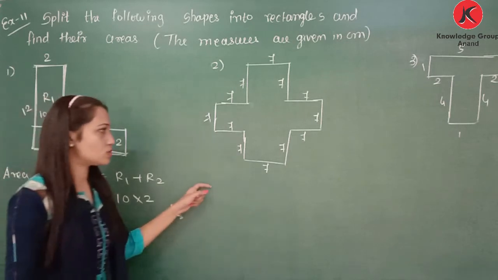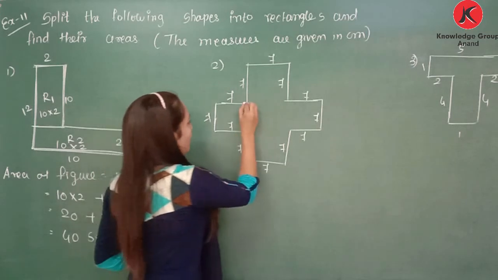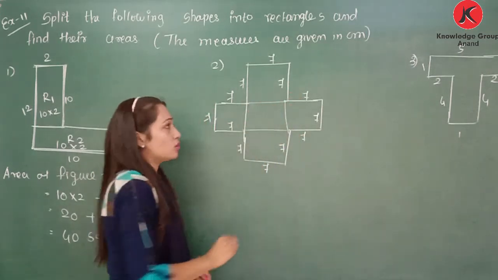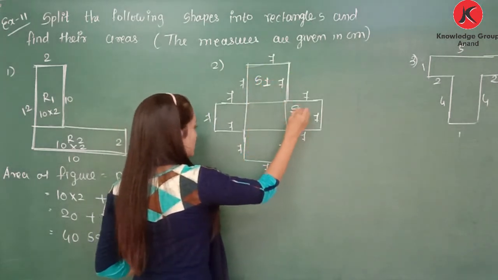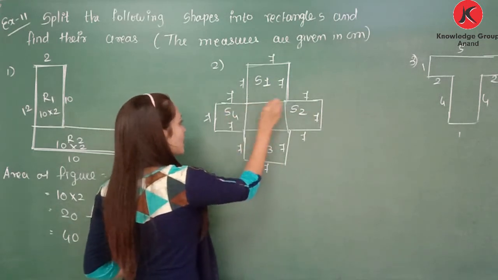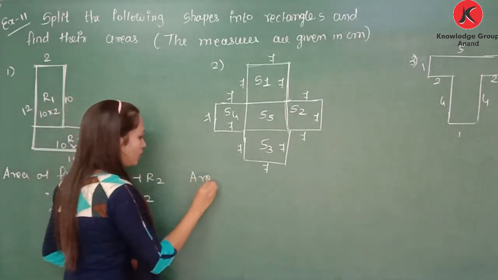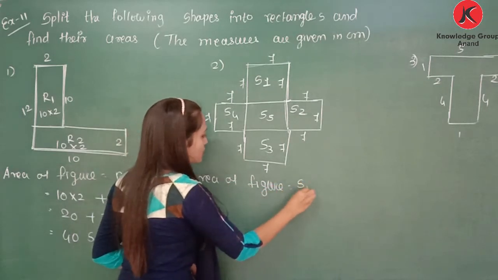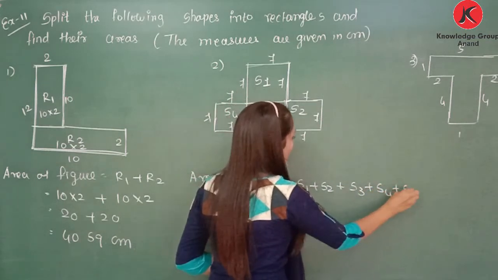Clear? Now the next one. This figure is given and we need to find the area. Now we divide it into squares. This side is 7, this side is 7. So this is square 1, this is S2, S3, S4 and this is also S5, because this side is 7, this side is also 7. So the area of the figure is S1 plus S2 plus S3 plus S4 plus S5.